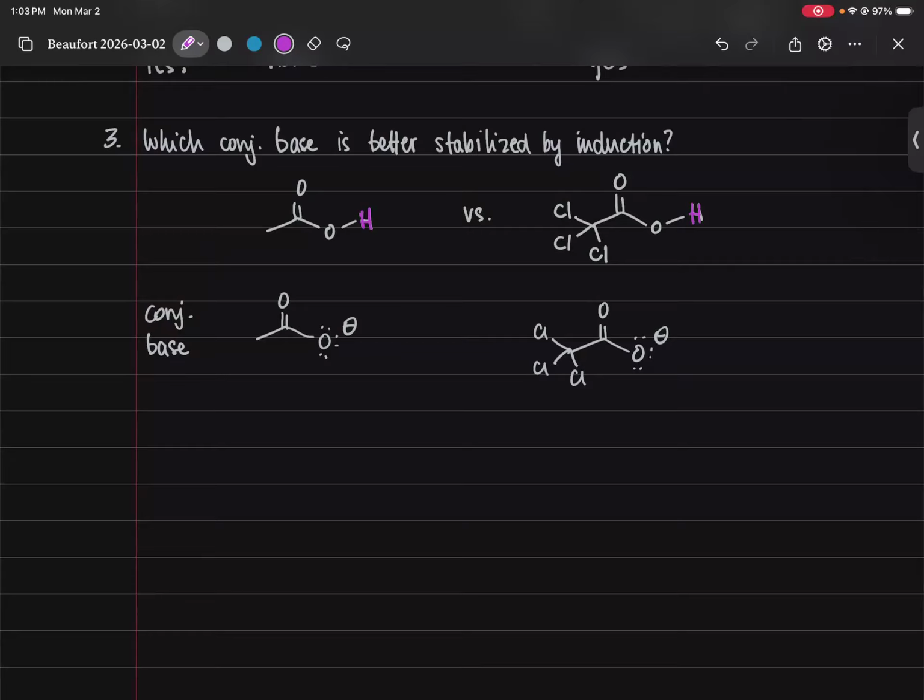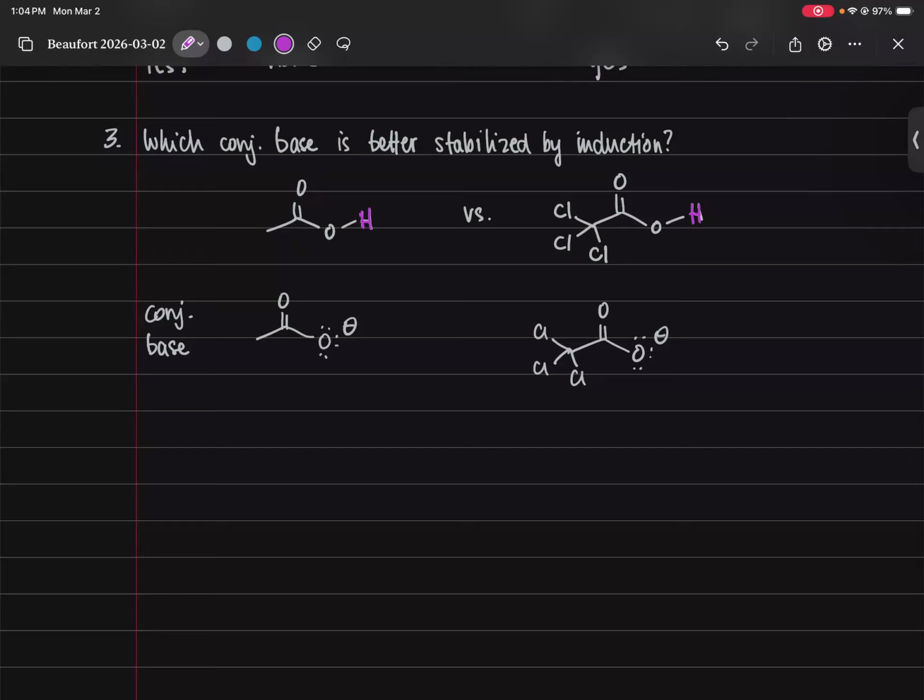We need to go through rules one and two to make sure that those don't differentiate. So atom: the hydrogen is on oxygen in both cases, so the atom doesn't matter. Resonance. Can we draw a resonance stabilized version of these two conjugate bases?